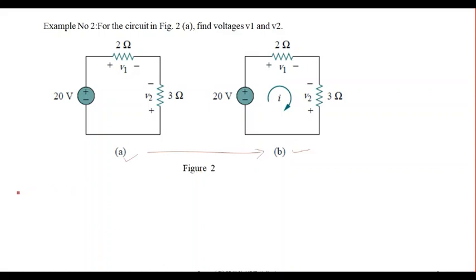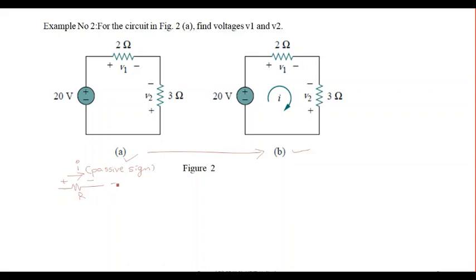You need to make a note. Suppose you have a resistor, something like this, and I show the current direction like this. According to passive sign convention, current will always flow from higher potential to lower potential.